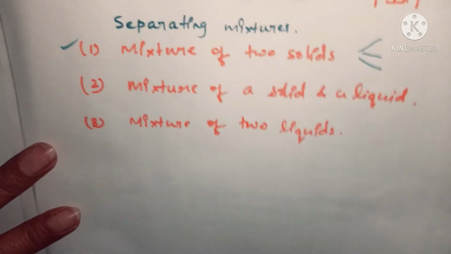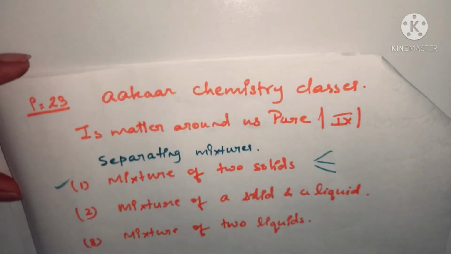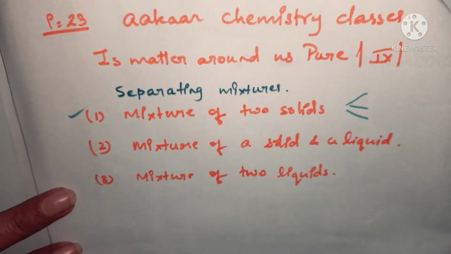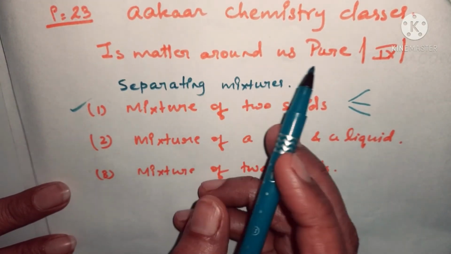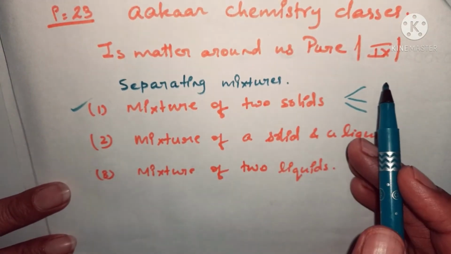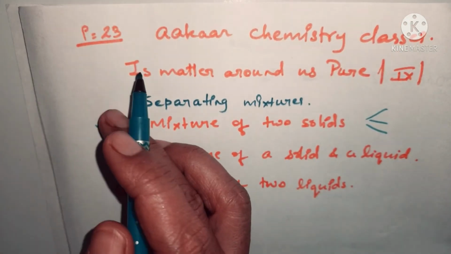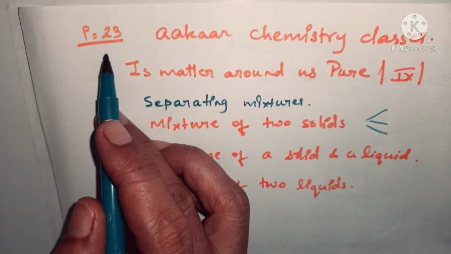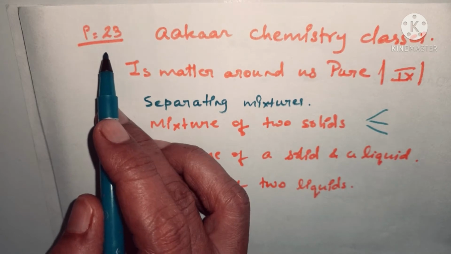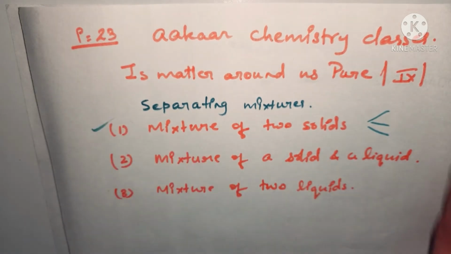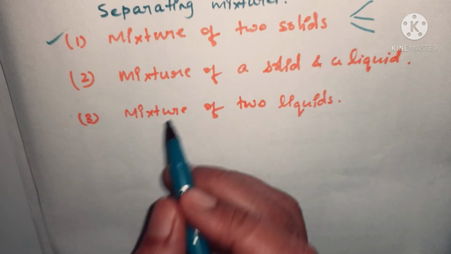So hello everyone, welcome to our chemistry classes. We are going through a series of sessions for the chapter Is Matter Around Us Pure, which is a 9th class chapter, and this is session number 23. Let's start with the separation of mixture.